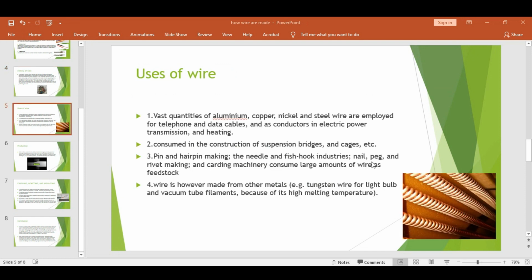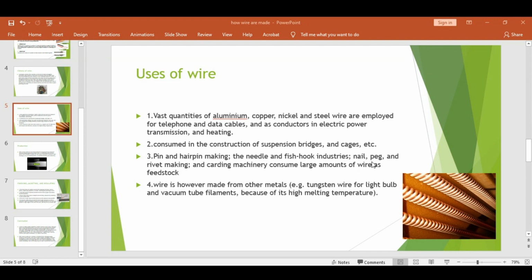Next, uses of wire. Wire has many uses. It forms the raw material of many important manufactures, such as the wire netting industry, engine spinning, wire cloth making, and wire rope spinning. Vast quantities of aluminum, copper, nickel, and steel wire are employed for telephone and data cable, and as conductors in electric power transmission and heating, and are consumed in the construction of suspension bridges and gauges.